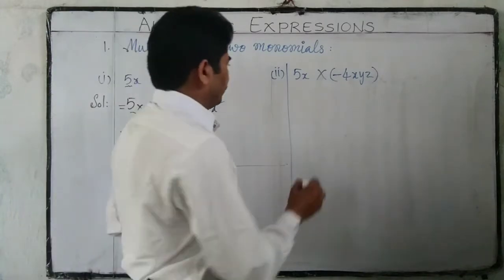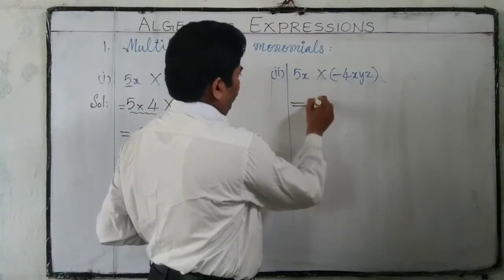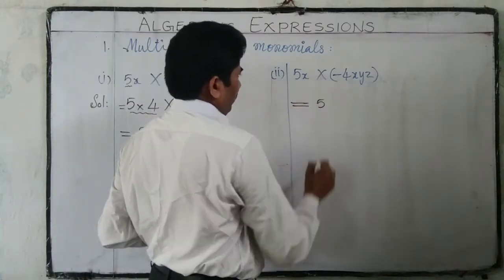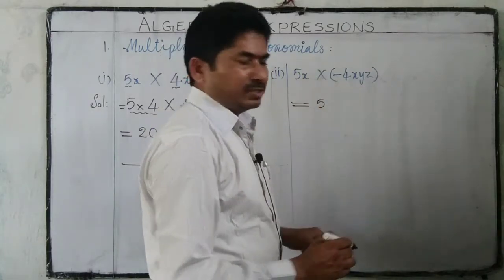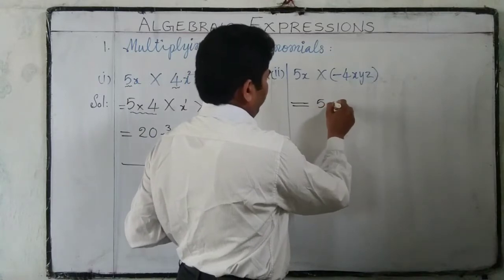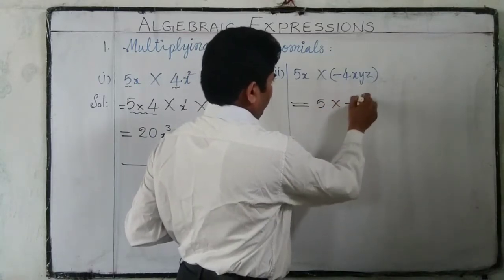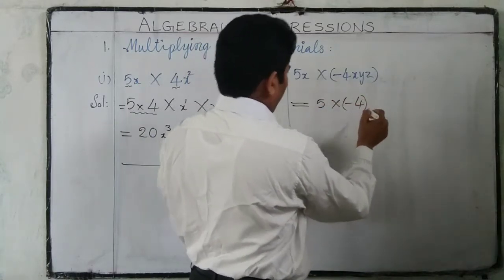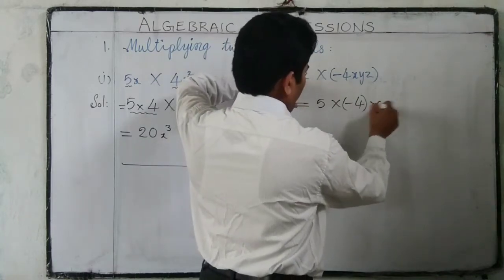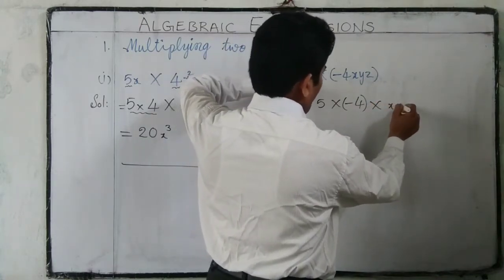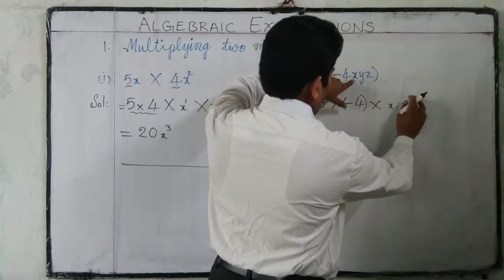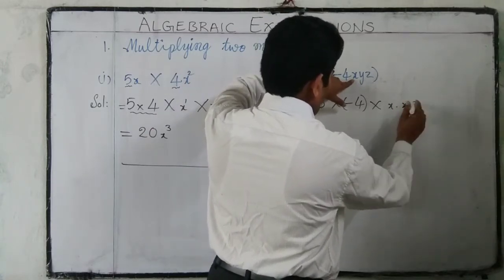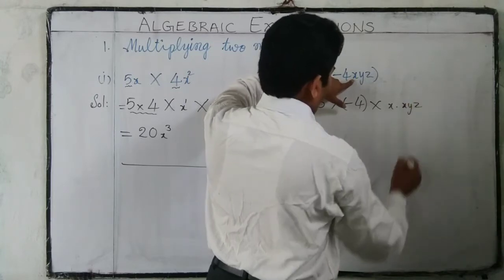Second example. First we have to multiply the constants. 5 and minus 4 are constants: 5 into minus 4. Then the variables: x into xyz.